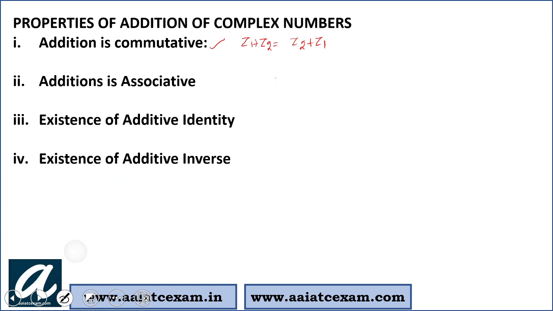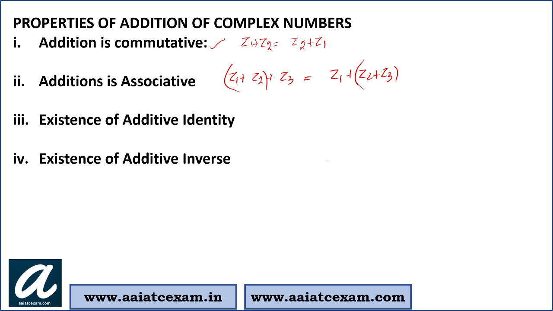Take 3 complex numbers, not 2. Then associate these two complex numbers. This should be equal to z1 plus z2 plus z3, but this time you're associating z2 and z3, so they should be equal. Addition should be associative.